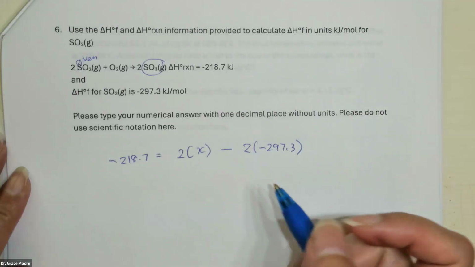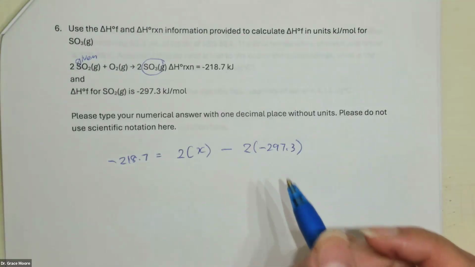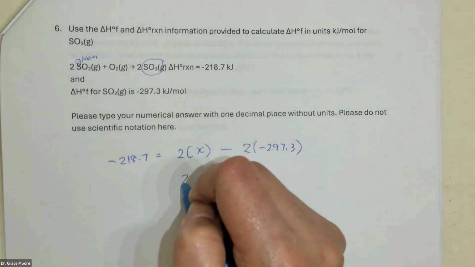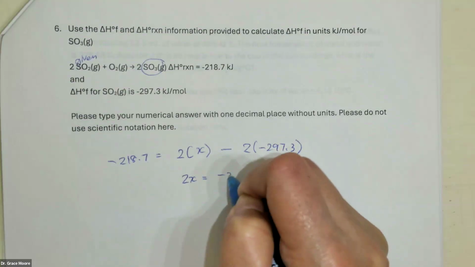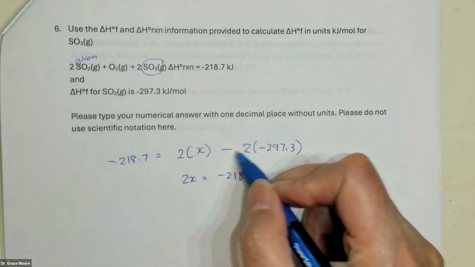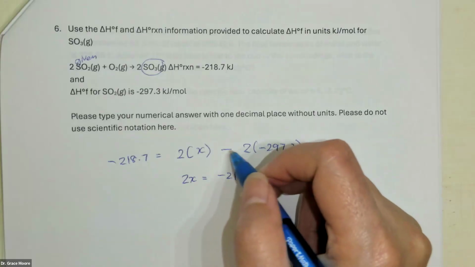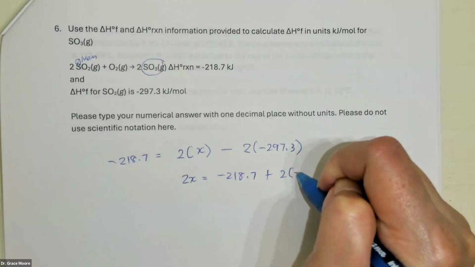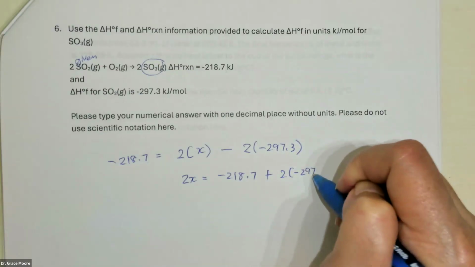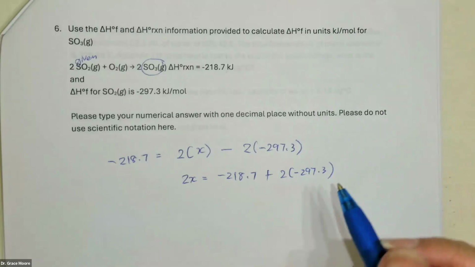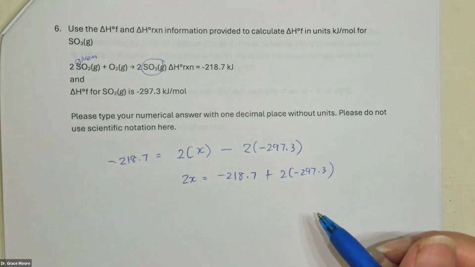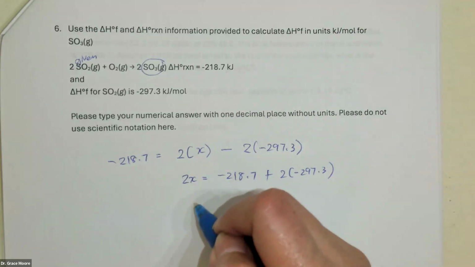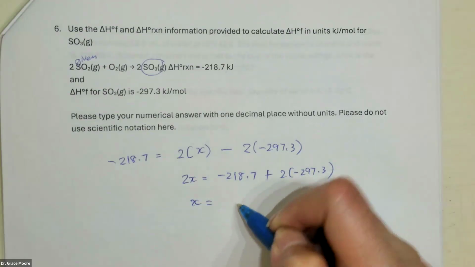So when you do that, you get 2x equals negative 218.7. And then because it's minus, we add both sides with 2 times negative 297.3. And then to get just the x, you take the whole thing divided by 2.